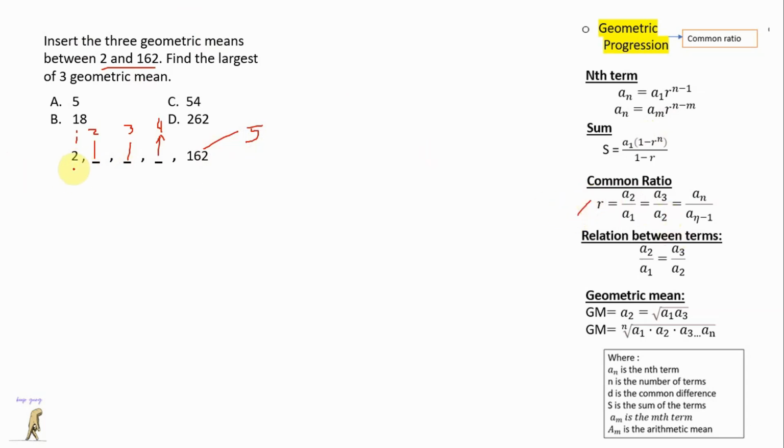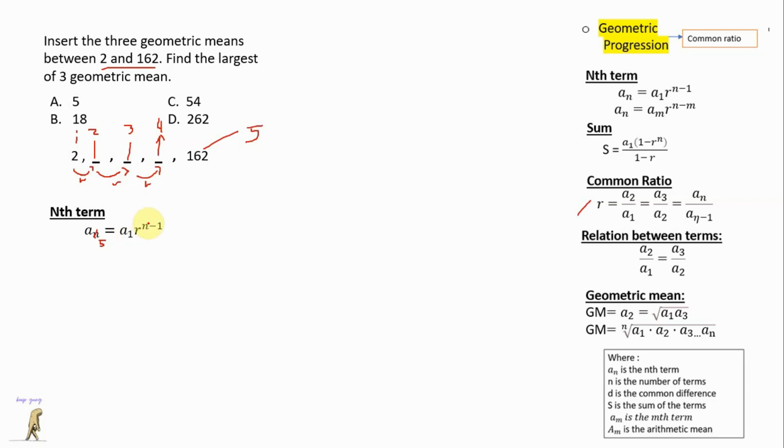So it means our ratio can be multiplied to the second term, right? So let's just multiply here, multiply, then multiply, in order for us to get the value of our largest geometric term that is in between these numbers. So let's do that. In order for us to find the ratio, let's use our nth term formula, which is this. We are letting n be 5, and we have the value of a sub 1 here.